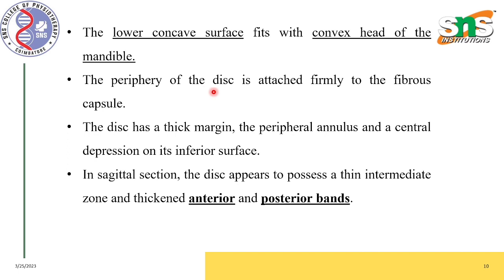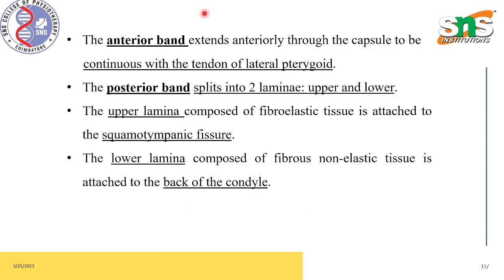The periphery of the disc is attached firmly to the fibrous capsule. The disc has a thick margin, the peripheral annulus, and a central depression on its inferior surface. In sagittal section, the disc appears to possess a thin intermediate zone and thickened anterior and posterior bands. The anterior band extends anteriorly through the capsule to be continuous with the tendon of the lateral pterygoid.